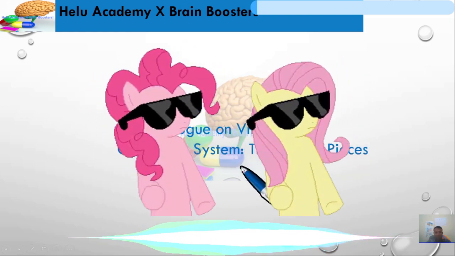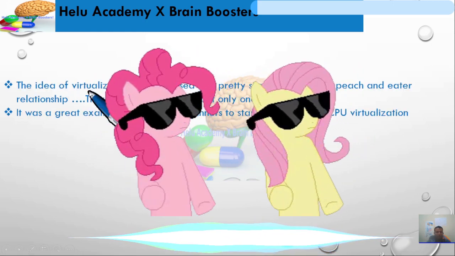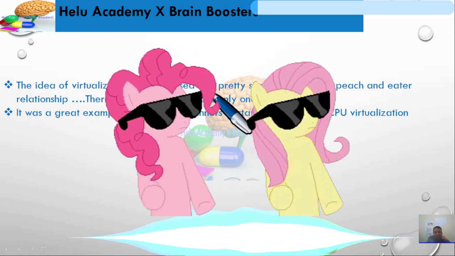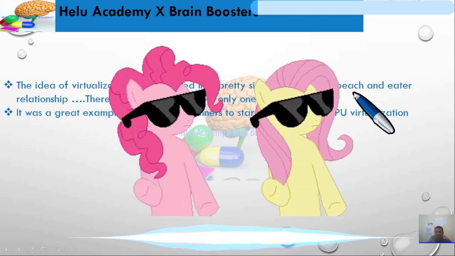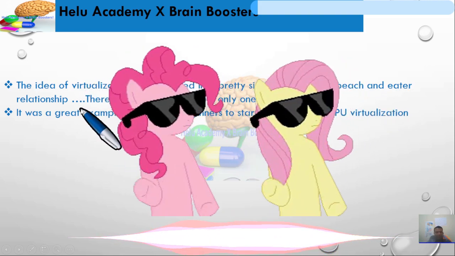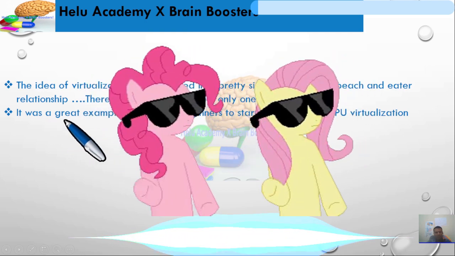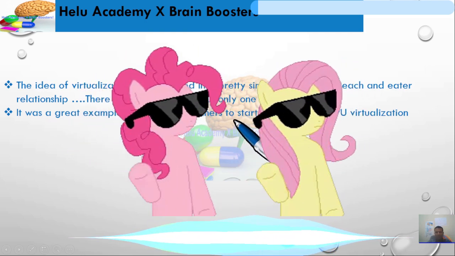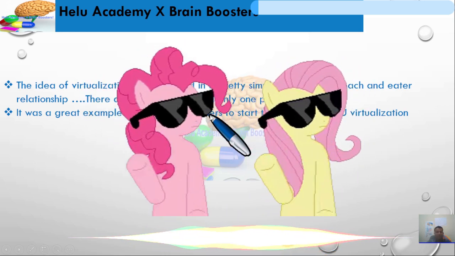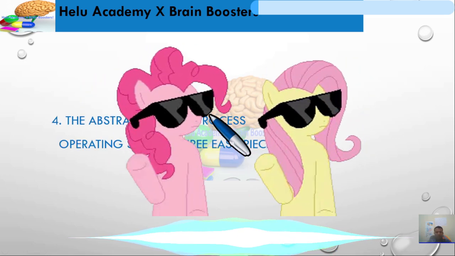The idea of virtualization was discussed in a pretty simple example of a peach and eaters relationship. There are a lot of eaters but only one peach. It was a great example, at least for beginners, to start thinking about CPU virtualization. So I recommend you read chapter 3, just 1 or 2 pages.